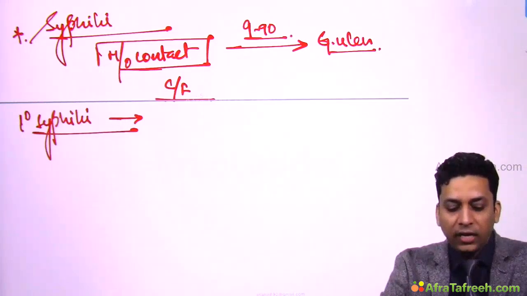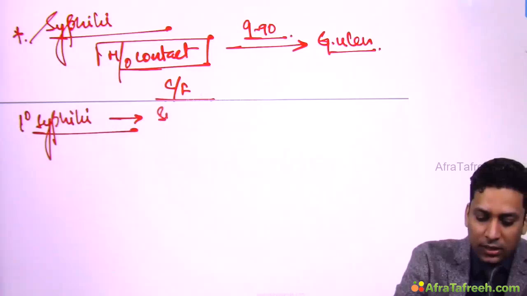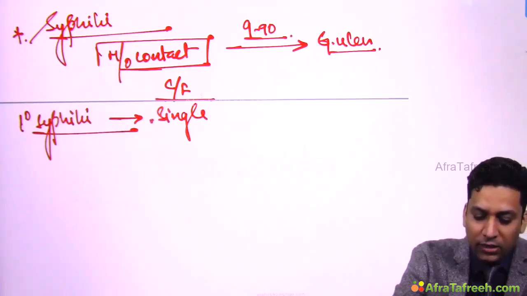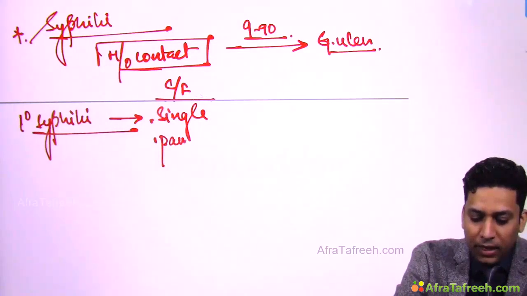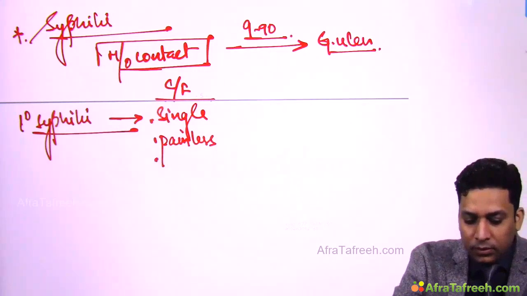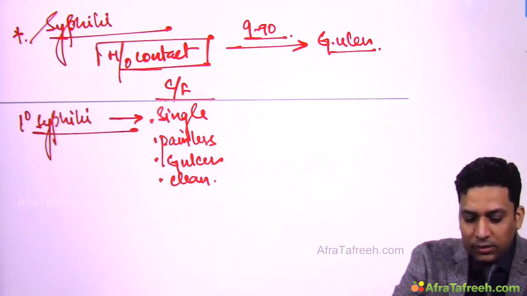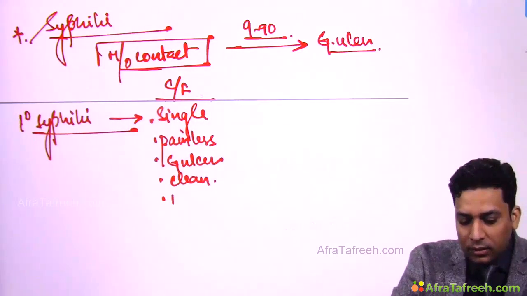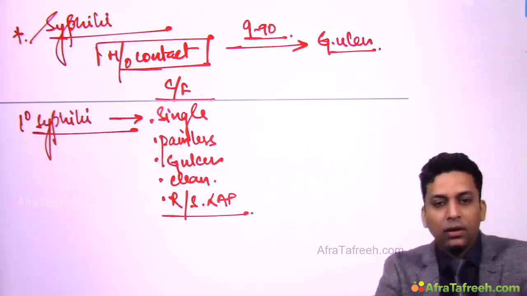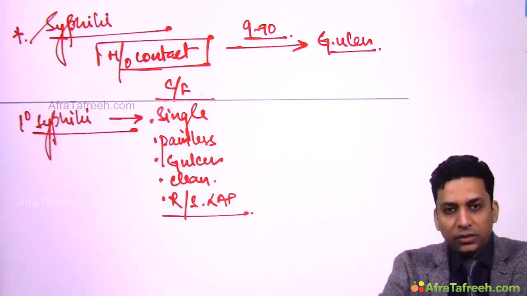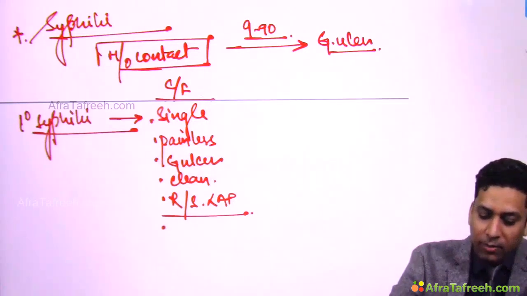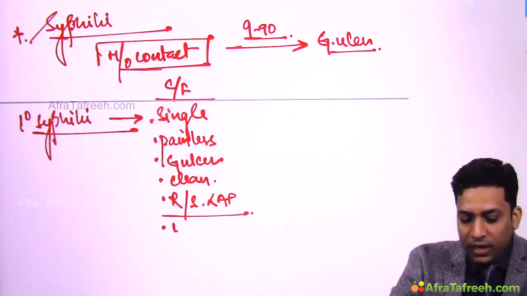after the history of contact, the patient presents with a single painless genital ulcer with a clean base and rubbery or shotty lymphadenopathy. This is the common presentation, and remember that the base is hard, firmly indurated.